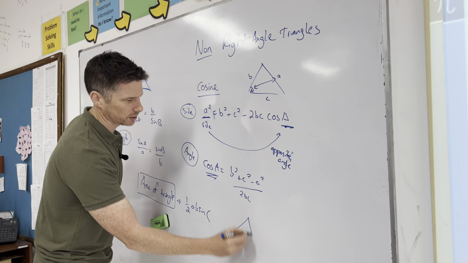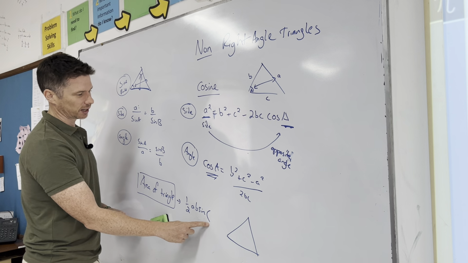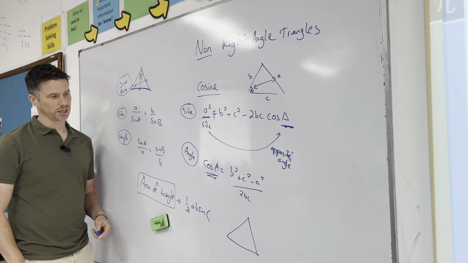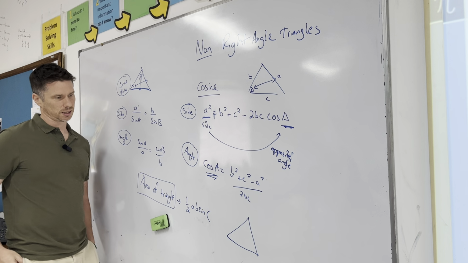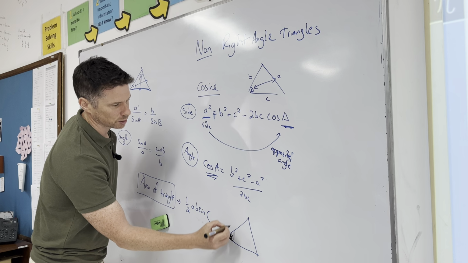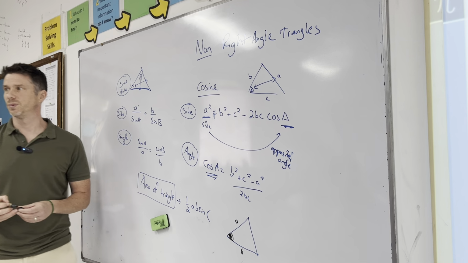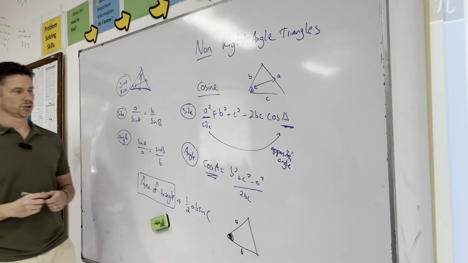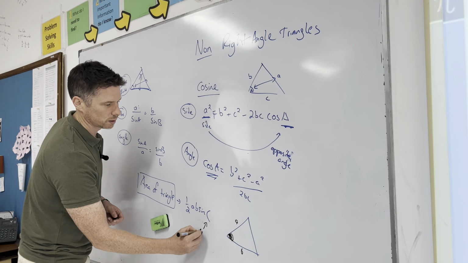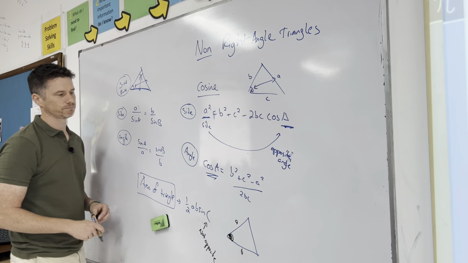So if we have a triangle and we want to find the area of it, this C angle is not opposite A or B. It's sandwiched. So you'd be looking at this angle, then you need this side and this side, not the one opposite. That's the only one that doesn't use this opposite thing.